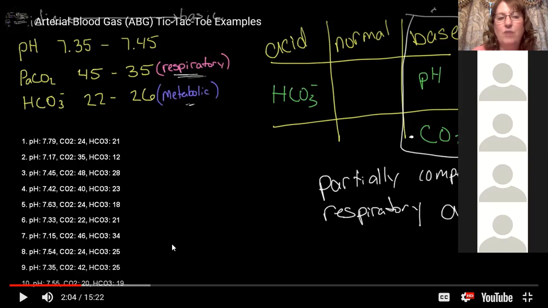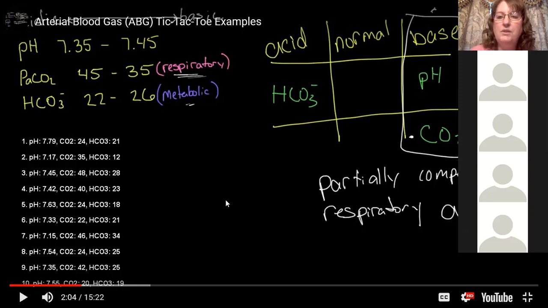It's the only one that's like that. Everything else is the same as just looking at your pH. So with metabolic 22 to 26, if I have something higher than 26, it's going to be basic. If I have something lower than 22, it's going to be acidic.